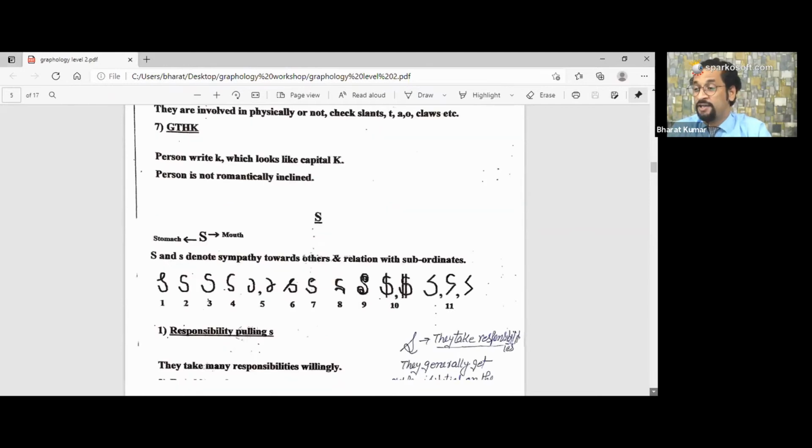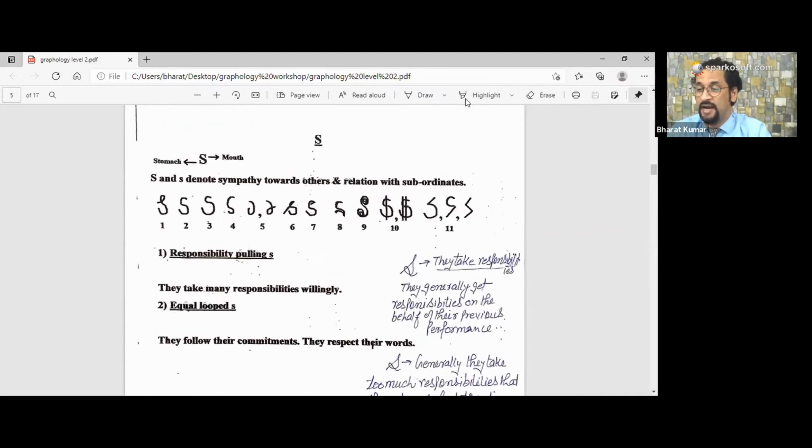A very, very important character is S. Capital S and small s denote sympathy towards others and relations with subordinates. Subordinate means younger ones. GTHK is actually known as GTHK.